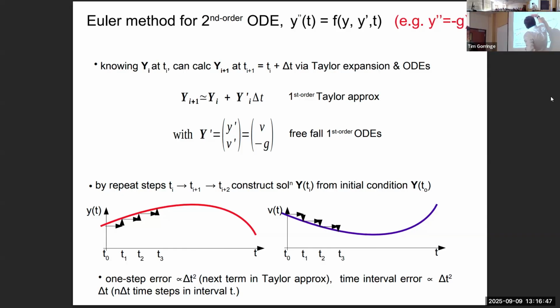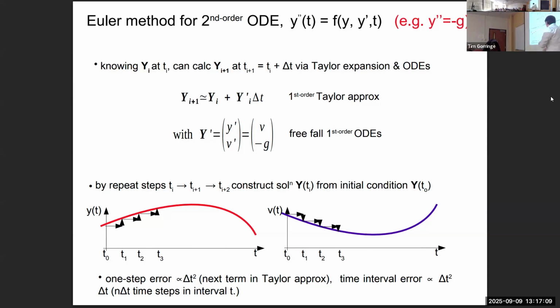And if you just repeat and repeat and repeat, you can reconstruct as a function of time, horizontally, how the position y evolves, and how the velocity v evolves, based on this calculation here.